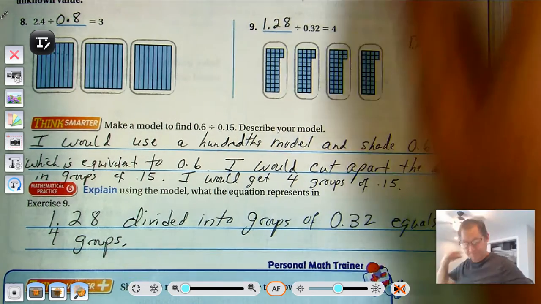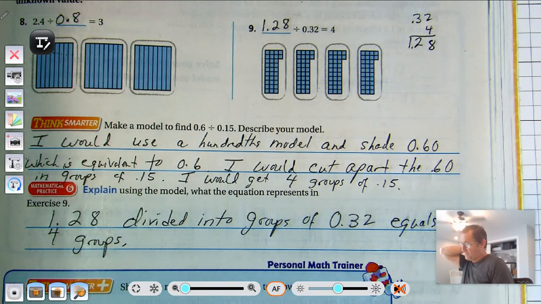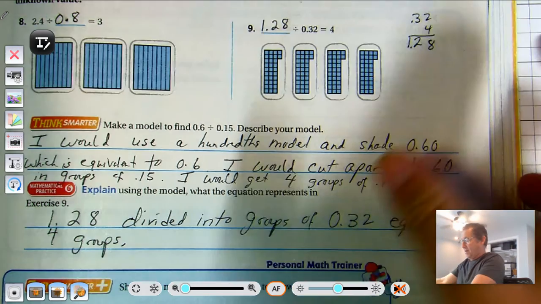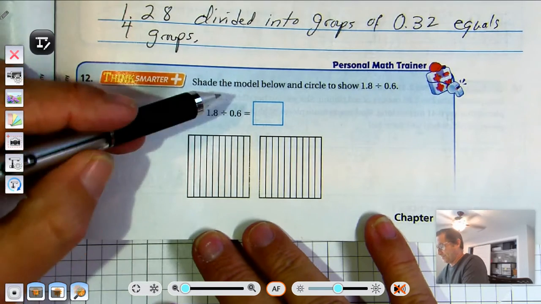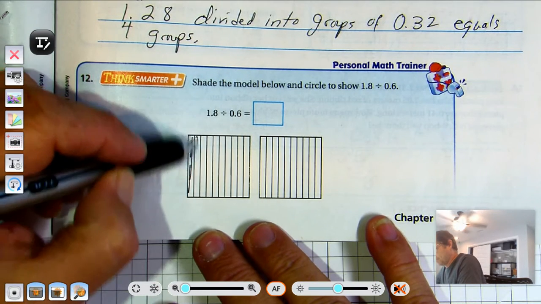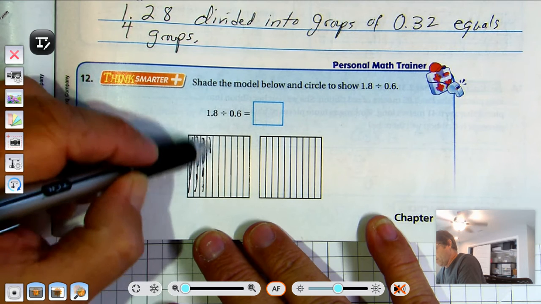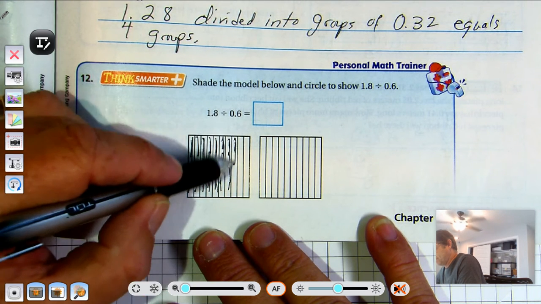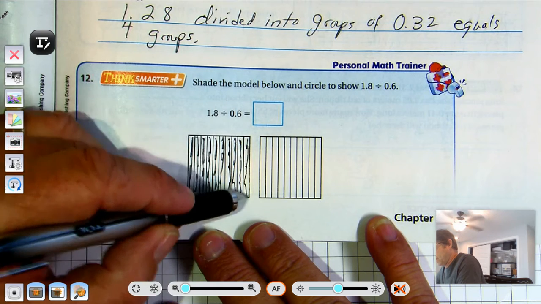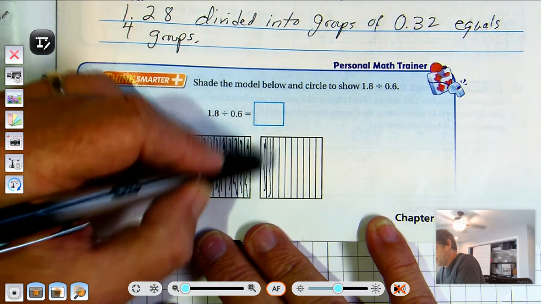All right, number 12. Shade the model below and circle to show 1 and 8/10 divided by 6/10. 1 and 8/10. So all of 1 would be 10/10, and we'd shade 8/10 of the second one.